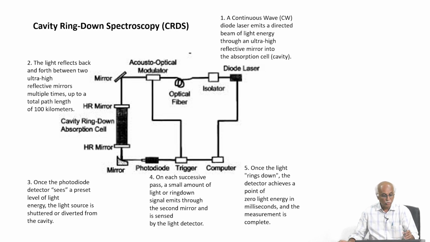I am not describing the inputs, because I already told you that a pulse laser goes through this cavity ring down cell. We also need a reference, which is also captured, and a fast photo detector gives us the signal.